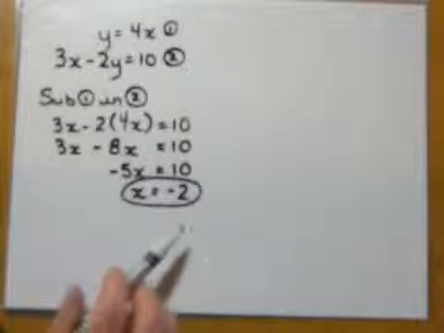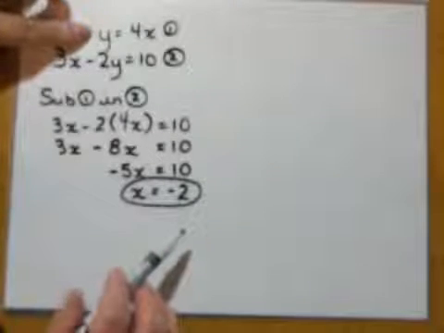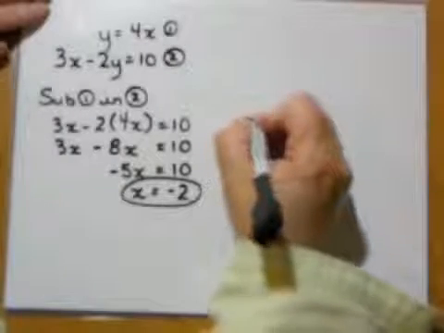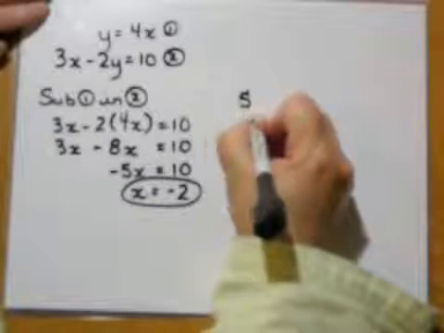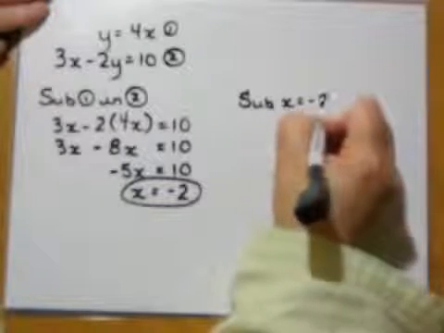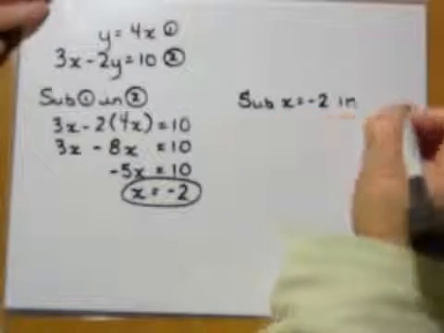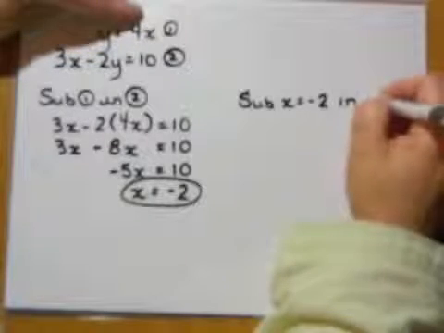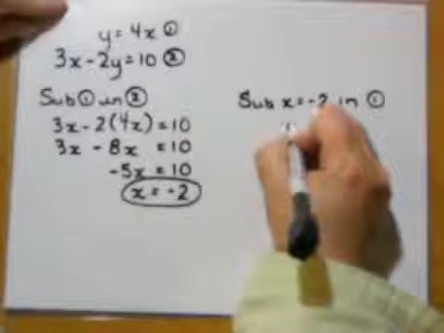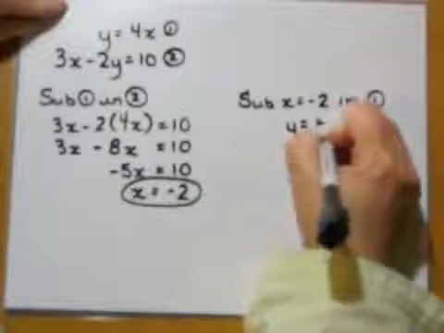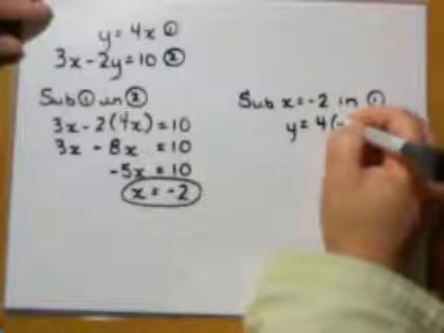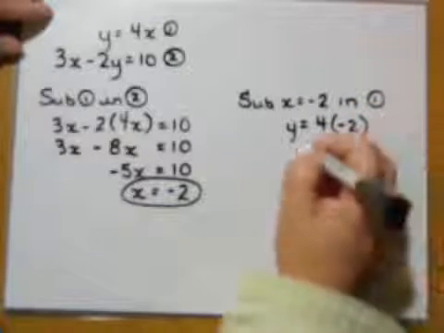To do that, I'm going to put it back in equation 1, because this tells me that y equals 4 times x, so that should be pretty easy. I'm going to sub x equals negative 2 into equation 1. And that tells us that y equals 4 times, but we know what x is, so we're going to put in what we know x to be, which is negative 2.